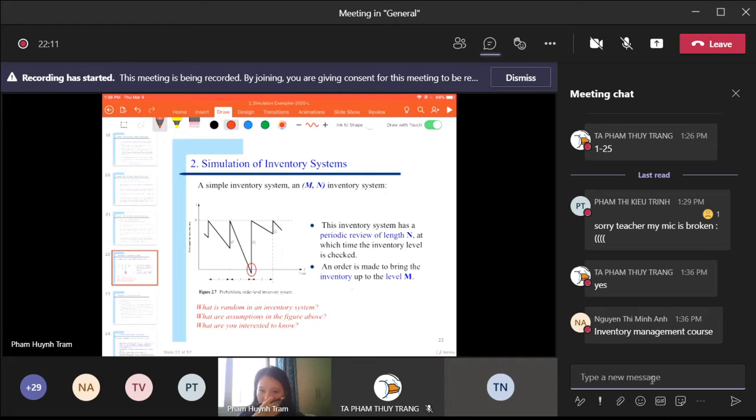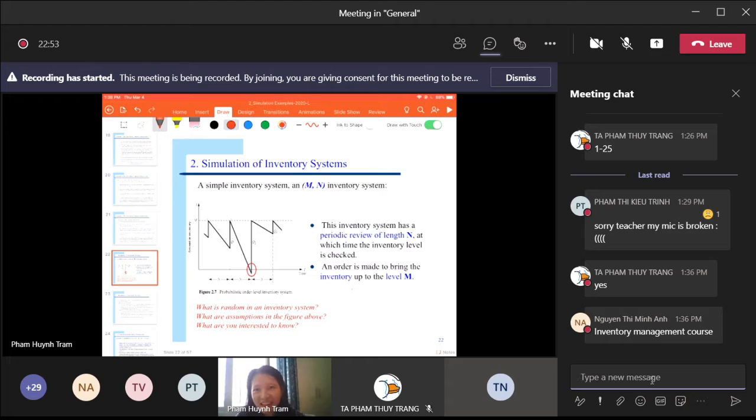So let's say we have to manage our inventory in our store, so we have to monitor our inventory level. When the inventory level drops to a certain level, then we have to make an order. There are two ways to monitor our inventory. We can monitor our inventory continuously.